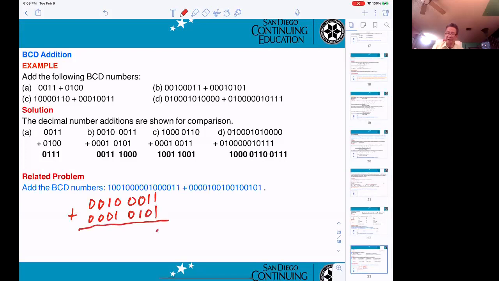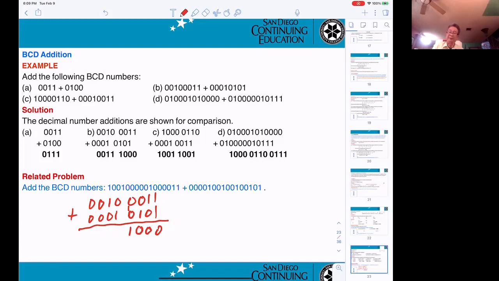1 adding 1 is 0. Carry 1, right? Right. 1 adding to 1 is 0, carry 1. 0 adding 0 is 0, carry 1 here, you get a 0 adding to 1, you get a 1. 1 adding to 1, 0 carry 1. 0 adding to 1, you get 1. 1 adding to 1, you get 1.